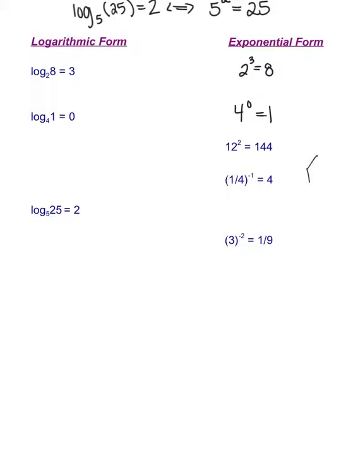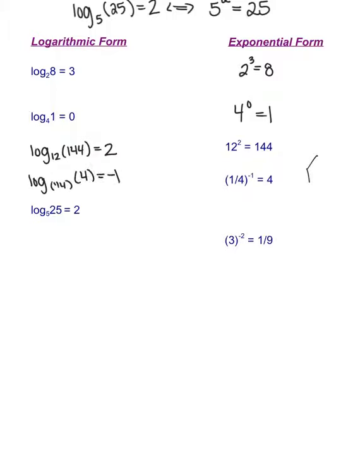I have 12 raised to the second power is equal to 144. So this translates to log base 12 of 144 equals 2. The next one, 1/4 raised to the negative 1 equals 4. So I have log base 1/4 of 4 equals negative 1.